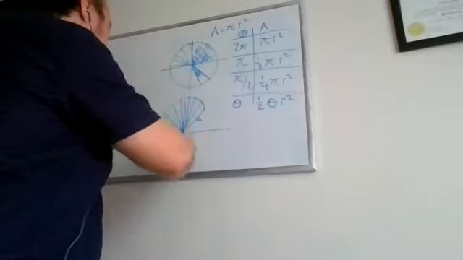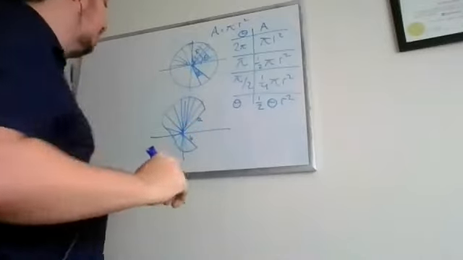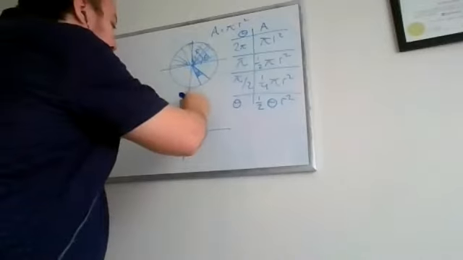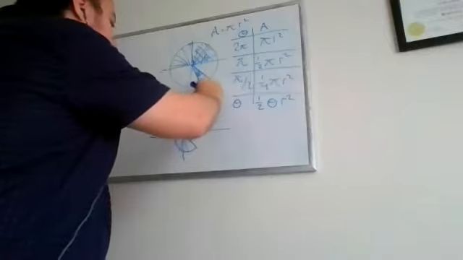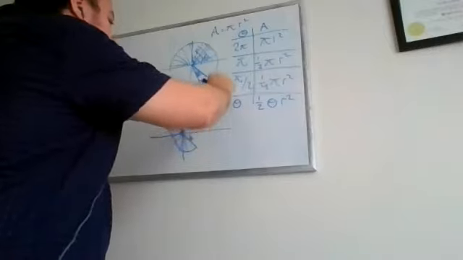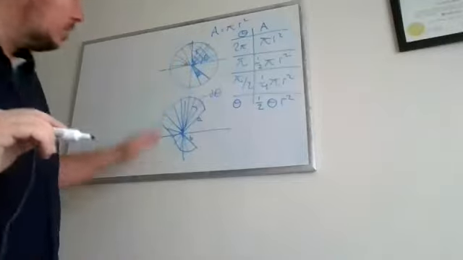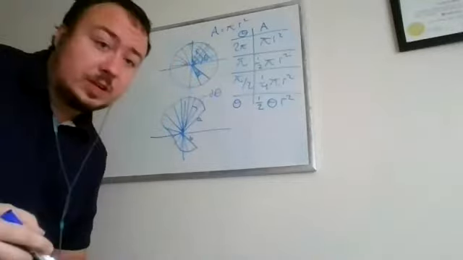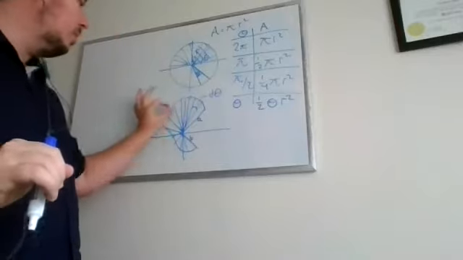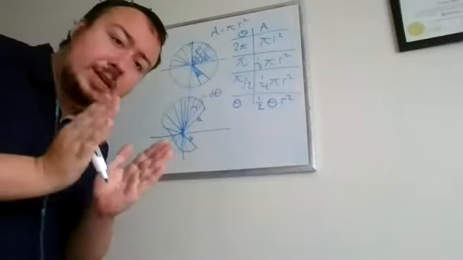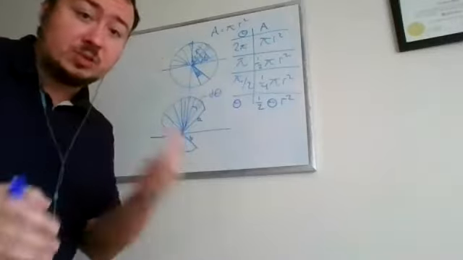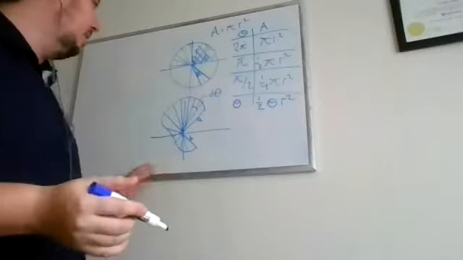Since the change in angle of each is really small, we represent it as d theta. Just like with the integrals we've done before, we're having more and more of these sectors, but they're all getting more and more narrow. They're spinning through less and less angle each time.